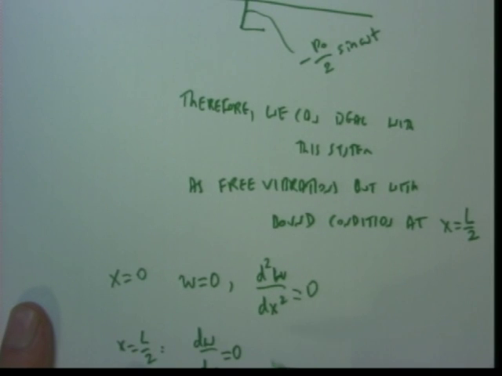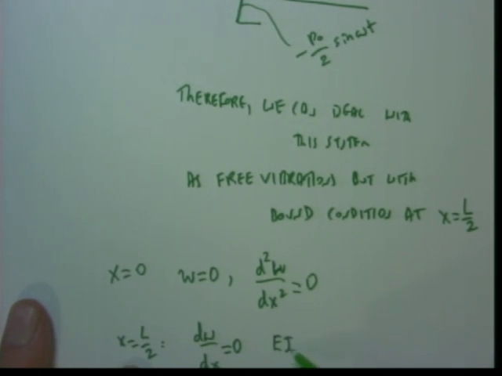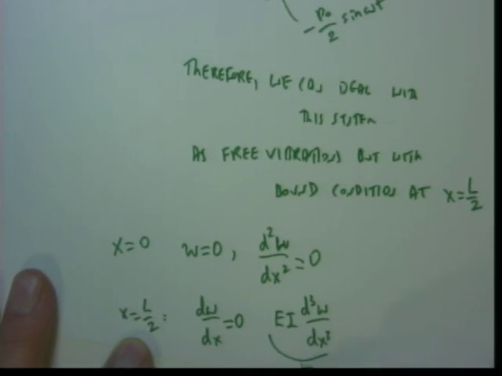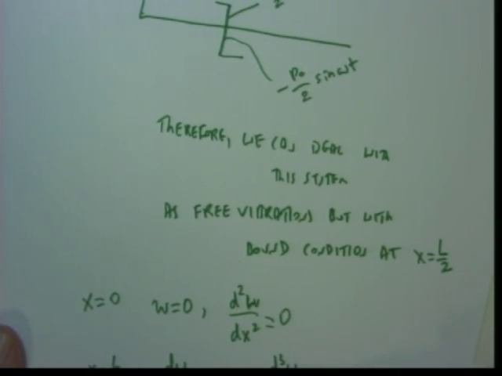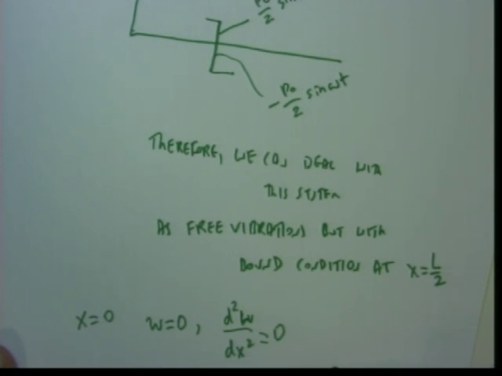And the load: EI times the third derivative, w with respect to x cubed, that is the shearing force, must equal just P sub 0 over 2 sine omega t.